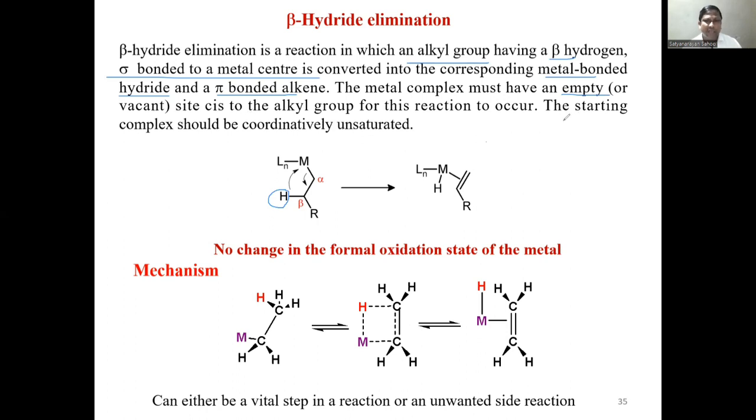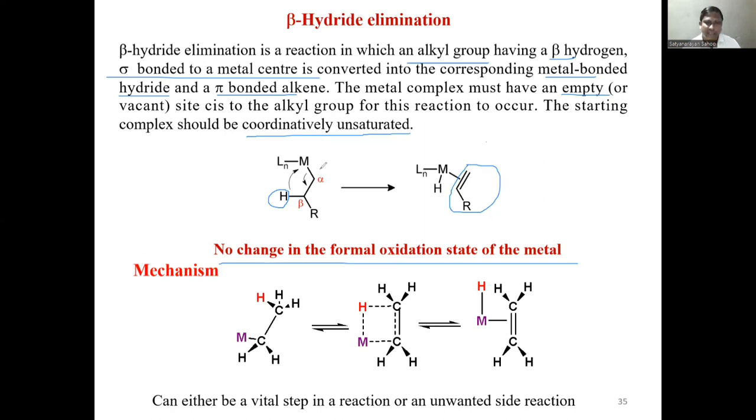Okay, so the condition is that the starting complex should be coordinatively unsaturated, because you can see there is only one bond, and now there is an MH bond as well as the alkene present. So the starting complex should be coordinatively unsaturated, but there is no change in the formal oxidation state of the metal.